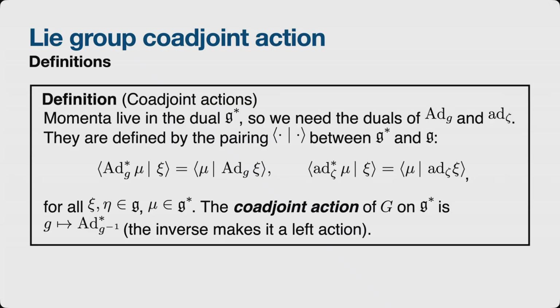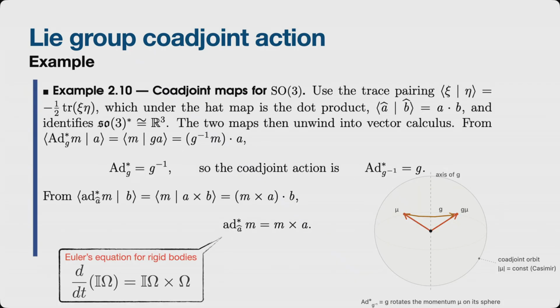So you can have the ad star also show up as the dual of ad. And this one shows up here now. So ad star of a matrix applied on a dual conjugate momentum is also just a cross product of these two vectors. The reason I'm showing this is because you can see that this is the infinitesimal coadjoint action, and it's basically just a cross product.